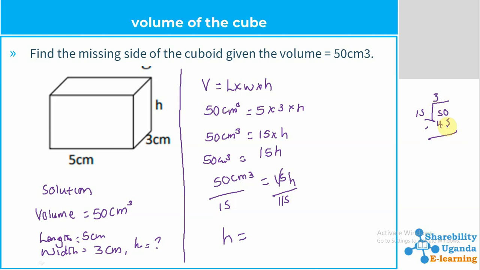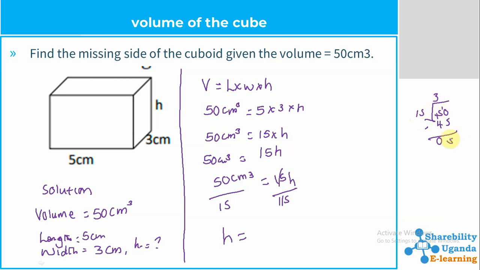We subtract this and see what is remaining: we remain with 5. So 5 divided by 15 is impossible.